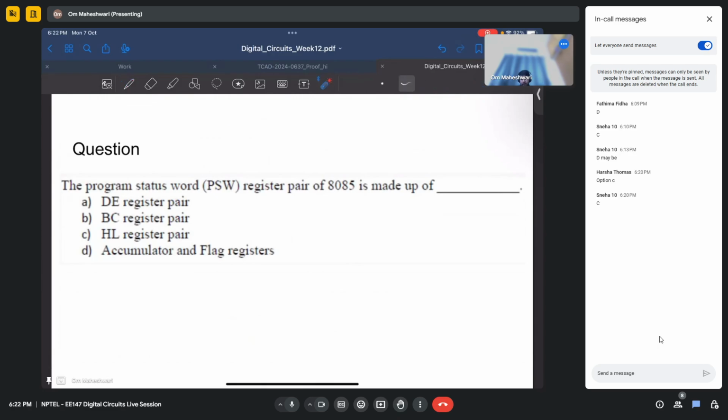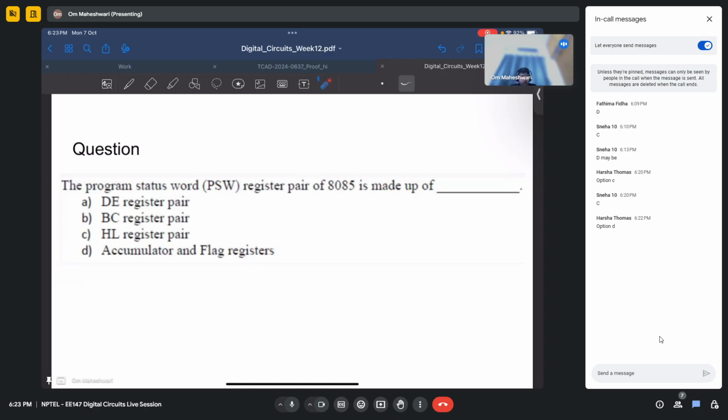The program status word, PSW register pair of 8085, is made up of... So option D is correct.